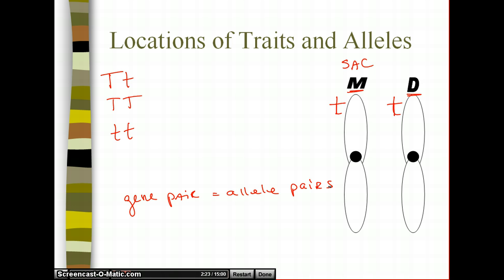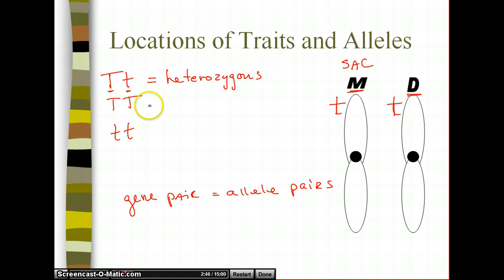And we have names for these. Alleles are always represented by letters. We usually use the letter that starts the dominant trait, so T is for tall. When they are two different alleles, in other words one big and one little, we call this heterozygous.